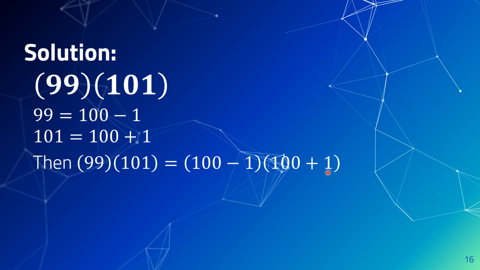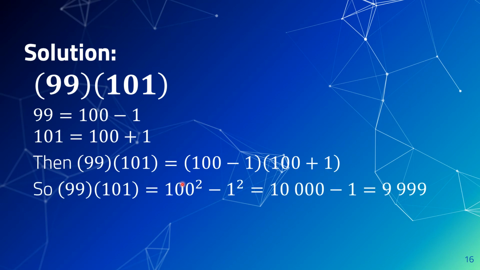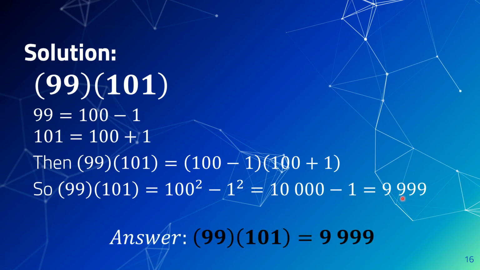So you can say that this pattern, the difference of two squares, is similar to 100 squared minus 1 squared. And 100 squared is equivalent to 10,000. 1 squared is 1. Therefore, subtracting 1 from 10,000, we have 9,999. So we can say that 99 times 101 is actually 9,999.